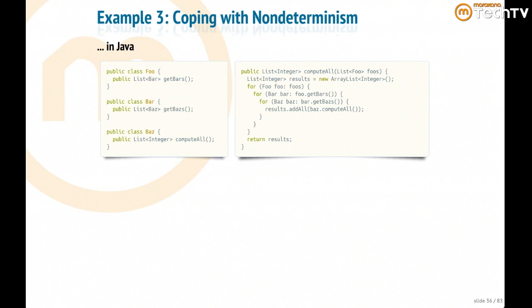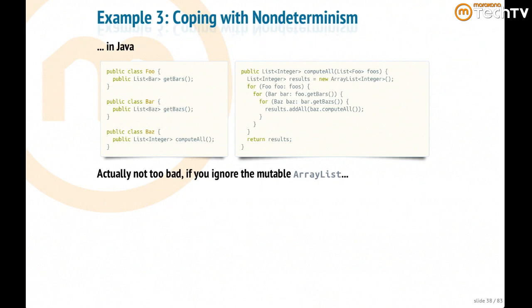And as we go through our set of nested loops, what we do is add all of our baz.computeAlls to that set of aggregated results, and then finally return at the end. So if you just ignore the fact that we're dealing with a mutable array list here, which in functional programming is somewhat taboo, it's really not too bad.